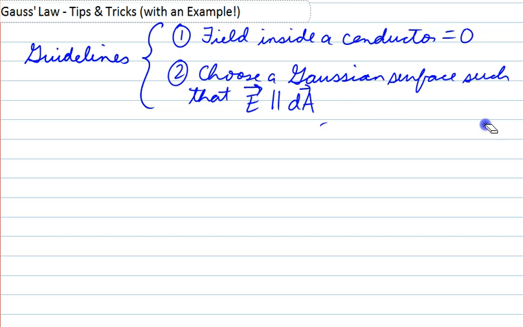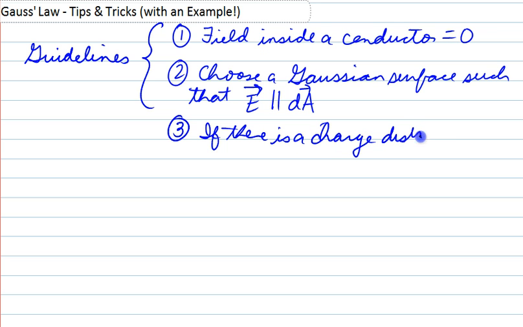And then finally, speaking of charge distributions, if there's a distribution of charge, and that could be a constant rho, or else it could be a function.